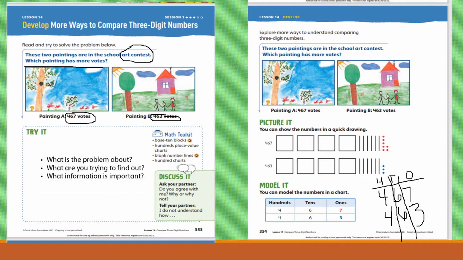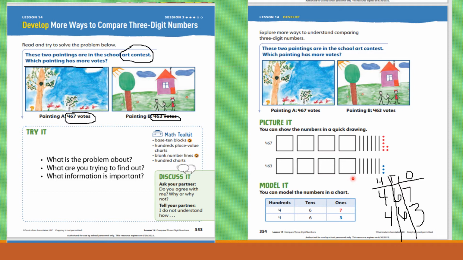All right? So let's answer the question now. It says, which painting has the most votes? Well, if I look at the picture I have to compare the hundreds first. Each number has 4 hundreds.